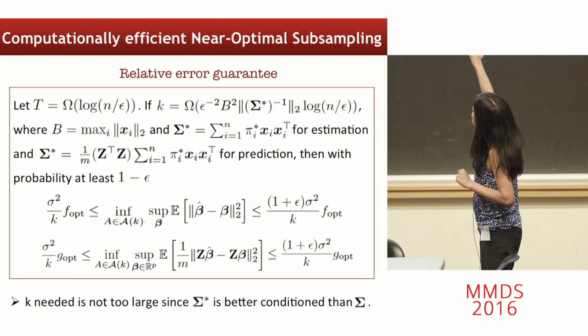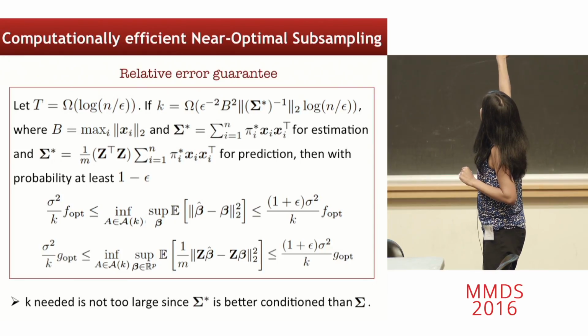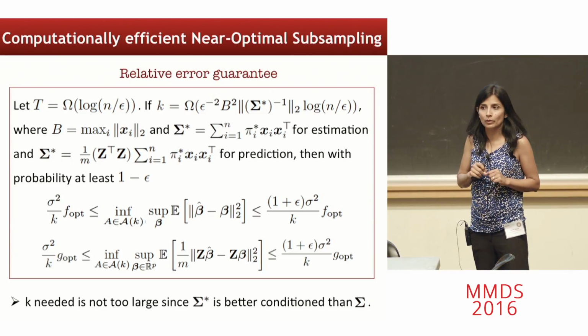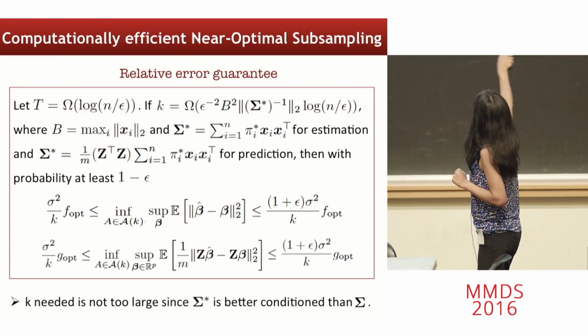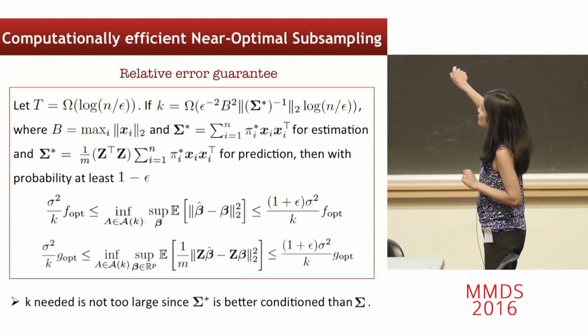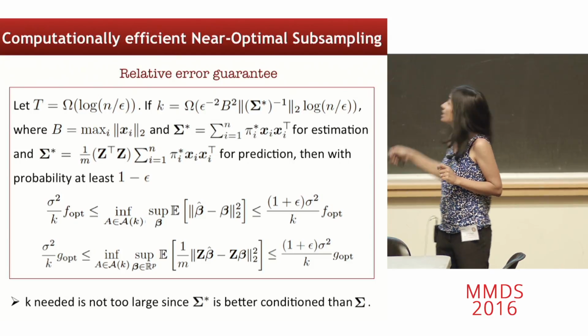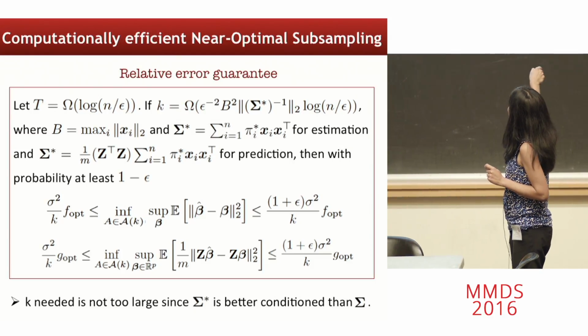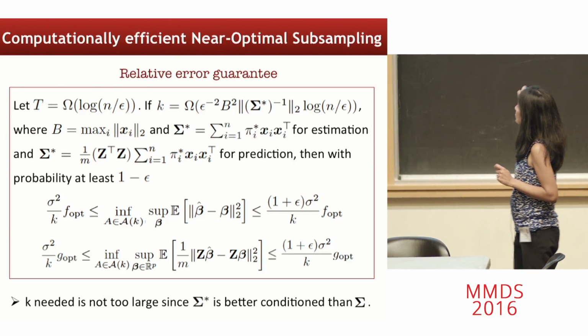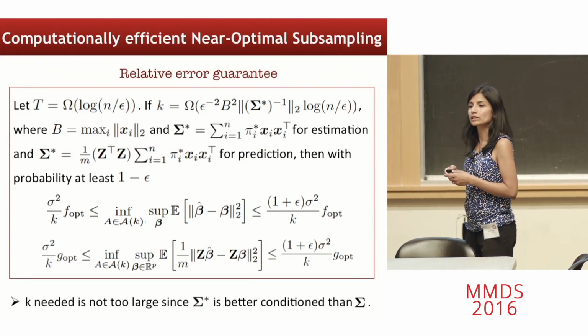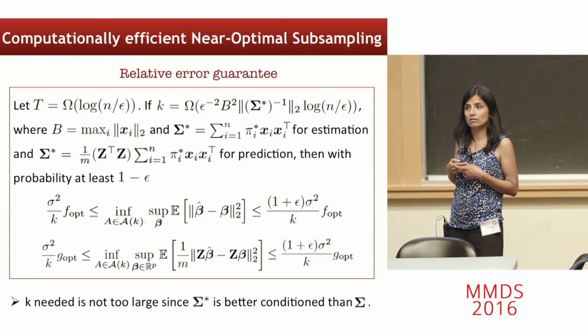If the number of subsamples k scales like sigma star inverse, where I'll mention in a minute what sigma star is, times log n over epsilon squared, then you can get a relative error approximation. So f-opt and g-opt are the solutions of those optimization problems, and you get a 1 plus epsilon relative error approximation to the minimax subsampling objectives using this method.